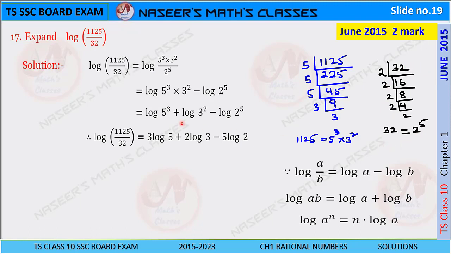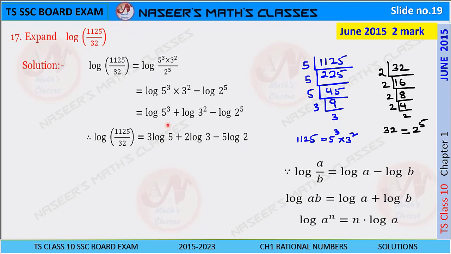Then we can write log 1125 by 32 is equal to log of 5 cube into 3 square by 2 power 5. This is in the form of log a by b is equal to log a minus log b. Then we can write it as log 5 cube into 3 square minus log 2 power 5. Here log 5 cube into 3 square is in the form of log a into b, which is equal to log a plus log b.